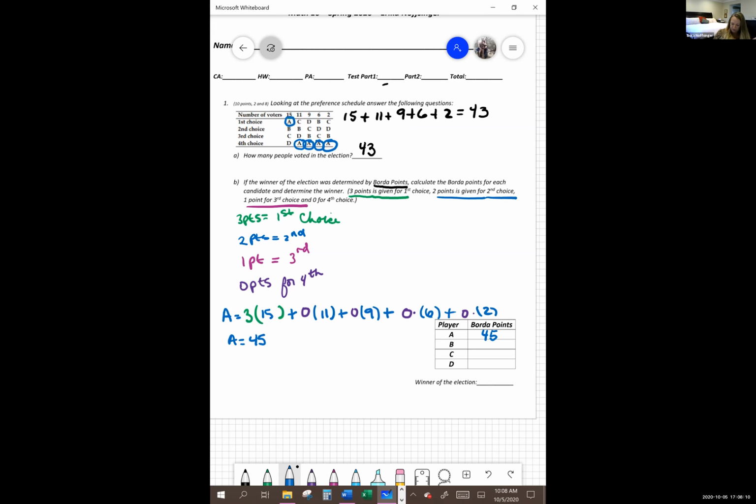And so let's look at candidate B. So for B, let's just go for first choice. We can do this a little differently if we want. First choice, they get 3 points. And looking at this, there's only one place where they have first choice, and that was with 6 people that voted for them. B was also ranked second choice, which is worth 2 points. They're second choice in 2 separate columns, for 15 people plus 11 people, which is 26.